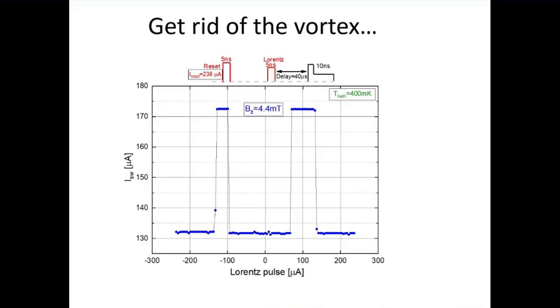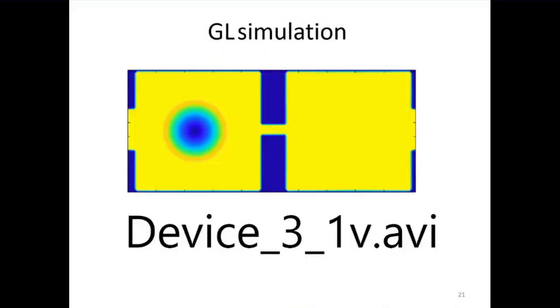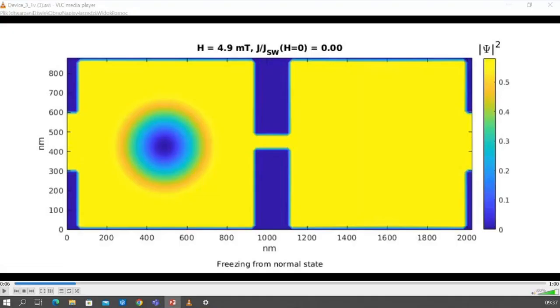So now, what we will do is play a movie. Let's try to do this. This is the Ginzburg-Landau simulation. I want to convince you that this is not only my crazy interpretation, but it's well supported by these Ginzburg-Landau simulations.